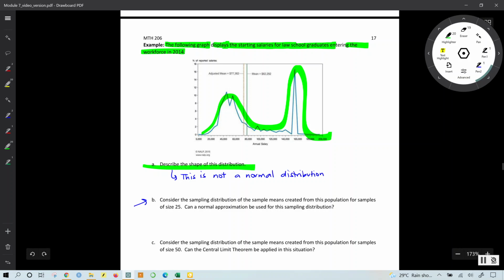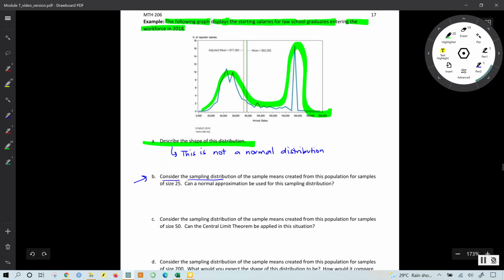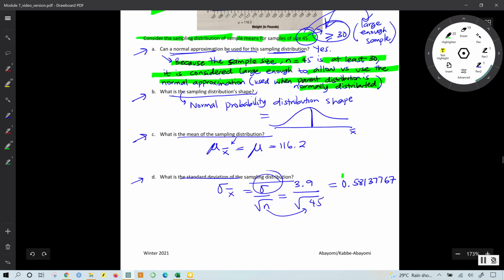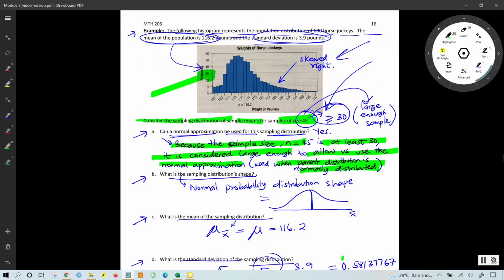Then, question B. We are to consider the sampling distribution of the sample means created from this population using samples of size 25. Can a normal approximation be used for this sampling distribution? Let's look back at the example we considered on page 16.